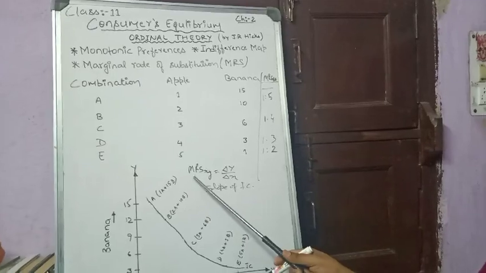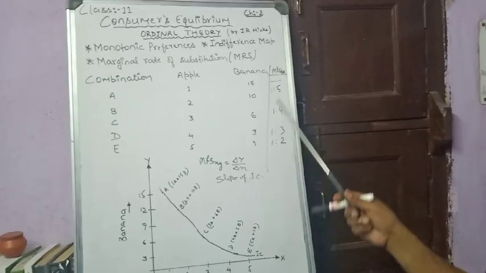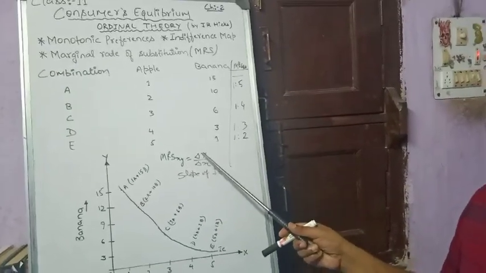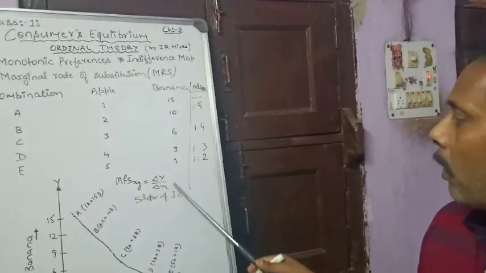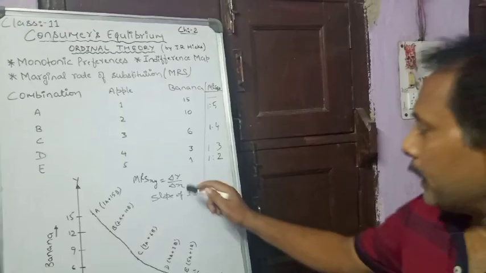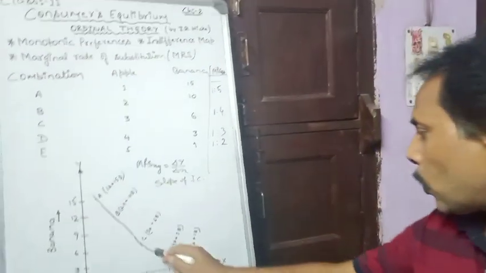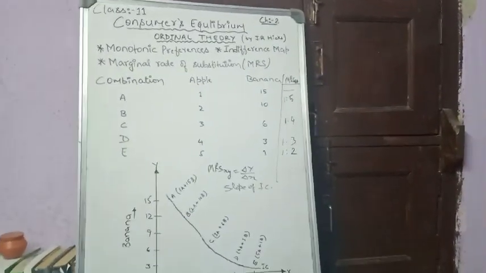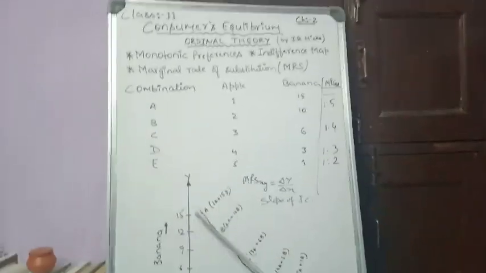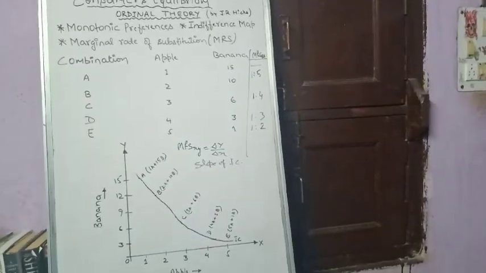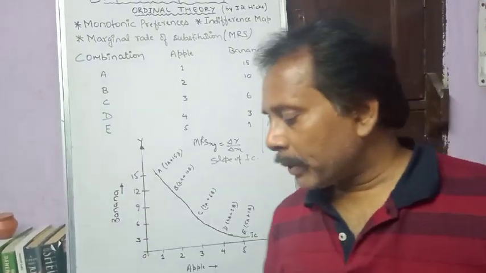So you may write MRS_BA is equal to the sacrifice of banana divided by the gain of apple, and it will determine the slope of IC, and here the IC curve is downward sloping. Okay, is it clear?